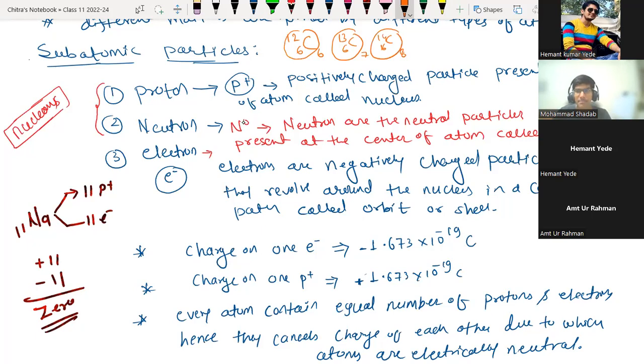Because they have similar properties, only the difference is the atomic mass. That's why atomic mass is not the fundamental property to classify the elements. And it was proven by Henry Moseley in 1913. So atomic number is the fundamental property in order to classify the elements.